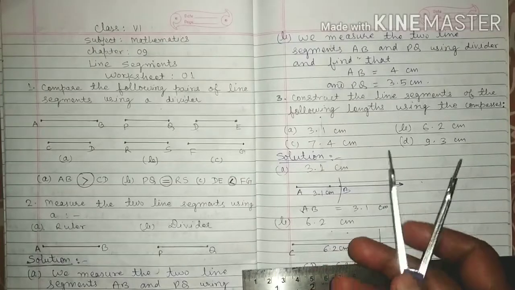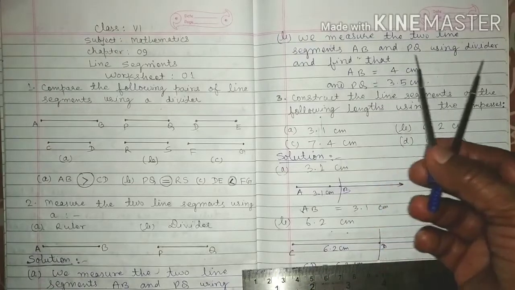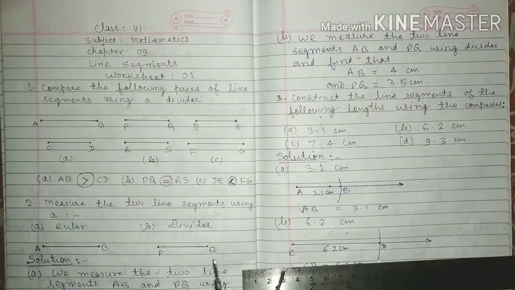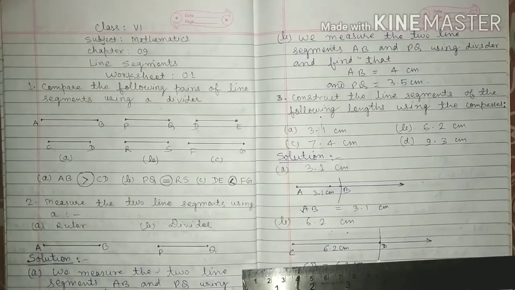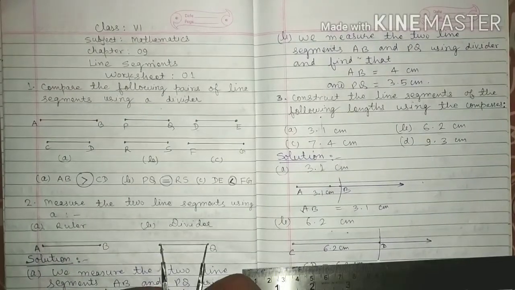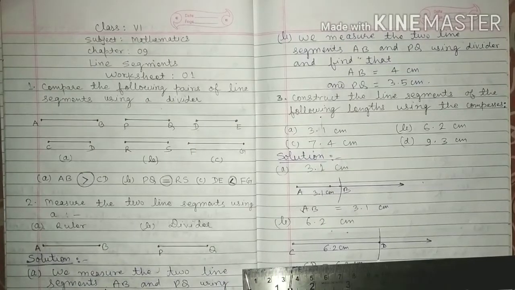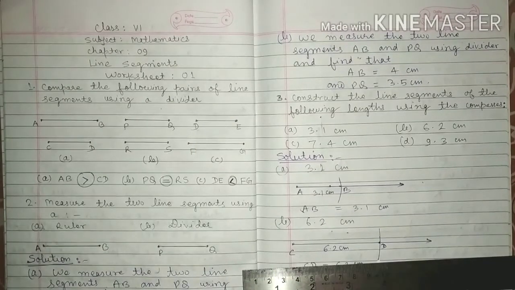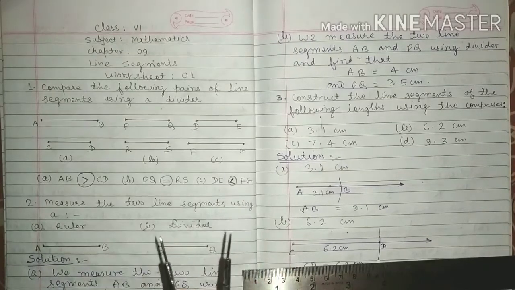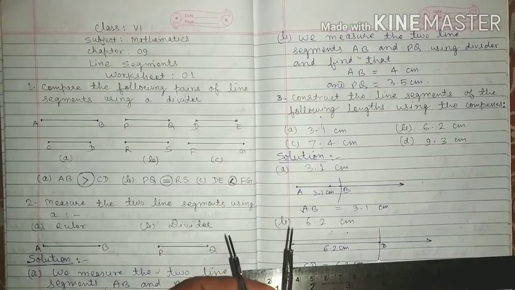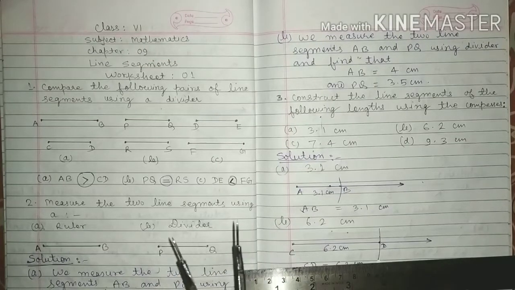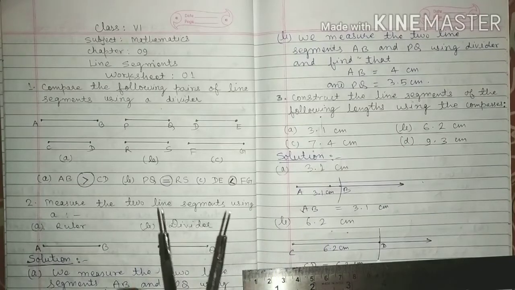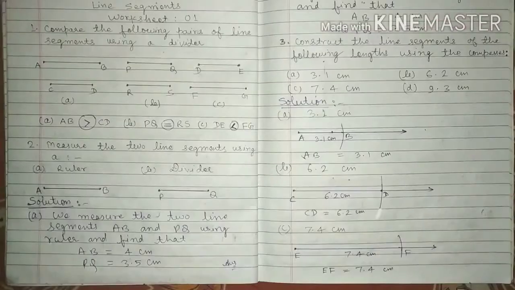Question number B, we measure the two line segments AB and PQ using a divider, and we find that the length AB is equal to 4 centimeter and the length PQ is equal to 3.5 centimeter. So with the help of the divider, we say that the line segment AB is equal to 4 centimeter and the line segment PQ is equal to 3.5 centimeter.